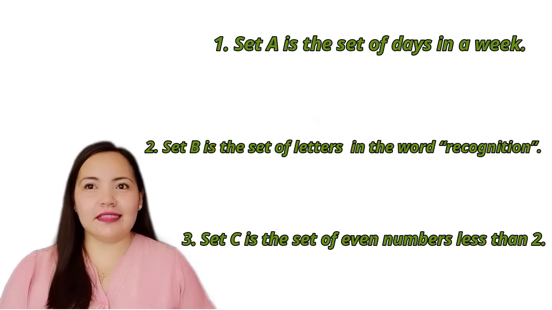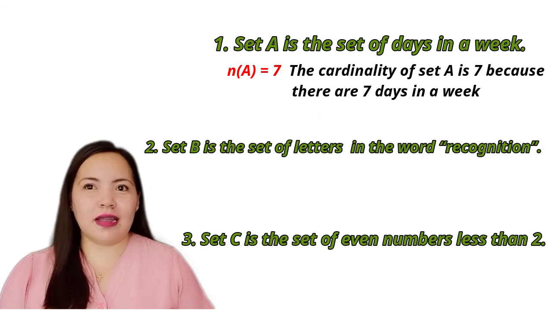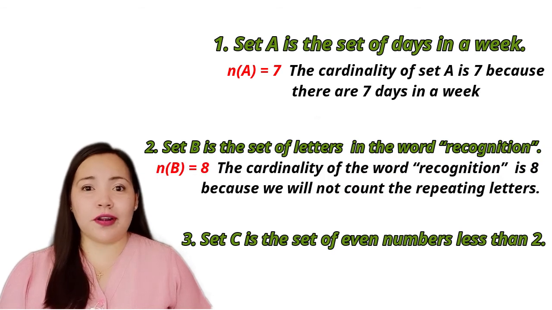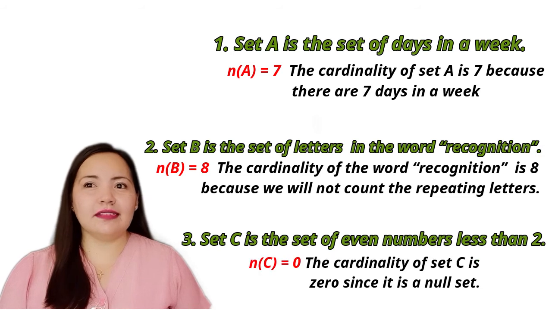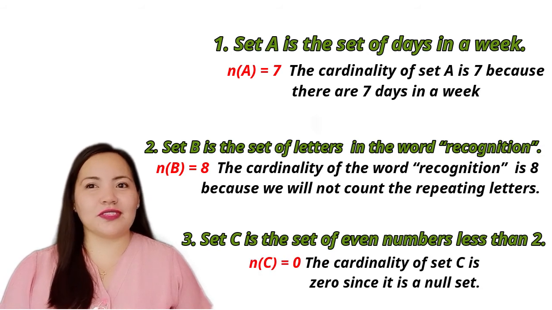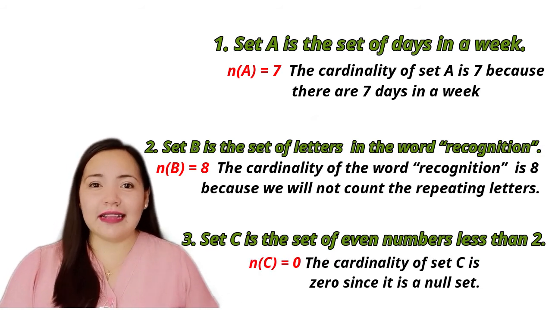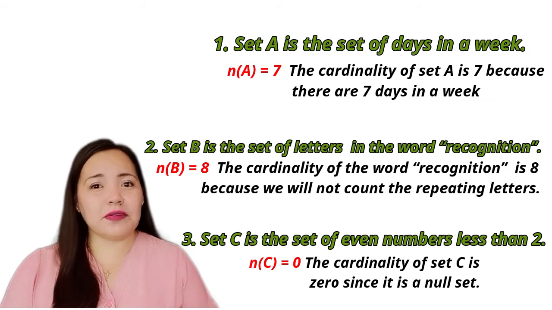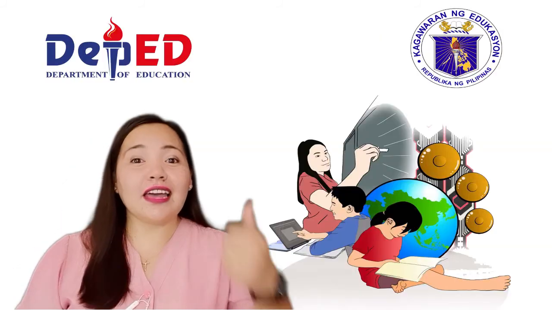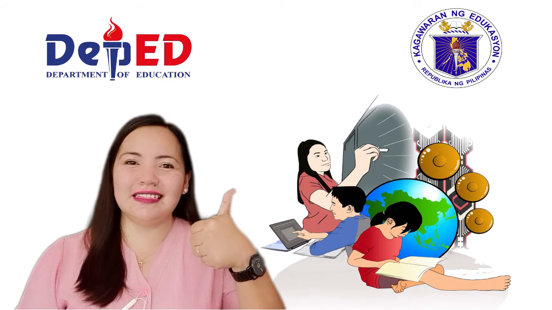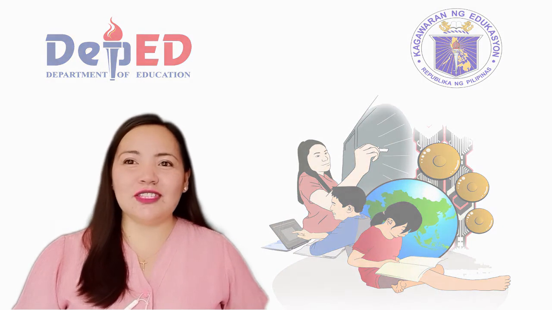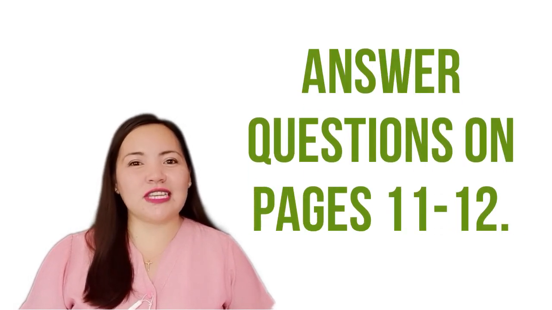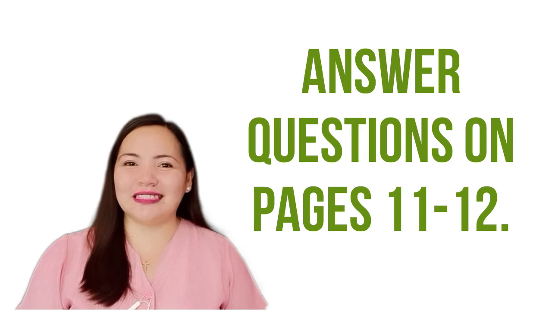The cardinality of set A is 7 because there are 7 days in a week, while the cardinality of the word recognition is 8 because we will not count the repeating letters. And the cardinality of set C is 0 since it is a null set. A thumbs up for everyone! You are now ready to answer questions on pages 11 to 12.